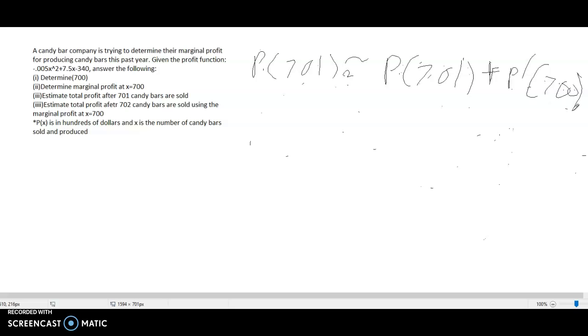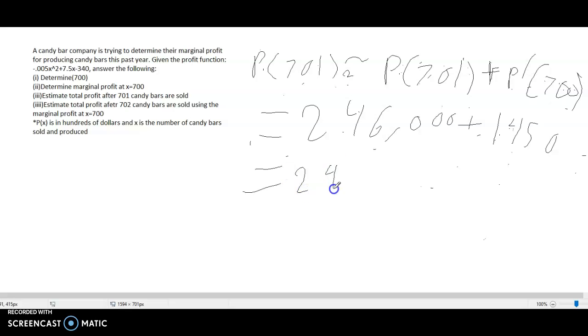So that gives us 246,000 plus the number we just got for the 701st item, because we were looking for the change in profit. So the total profit after selling 701 candy bars will be 247,450.